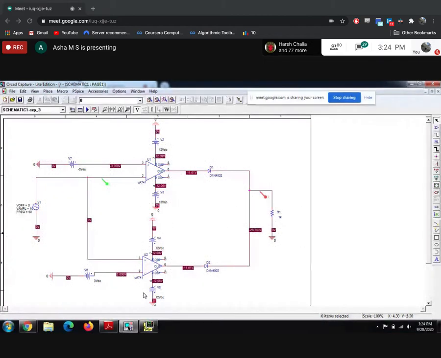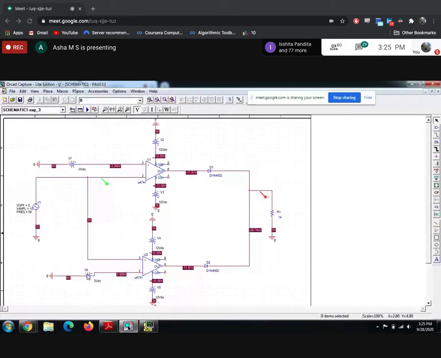No, 481, check the values. How much voltage have you given here, to the second op amp?